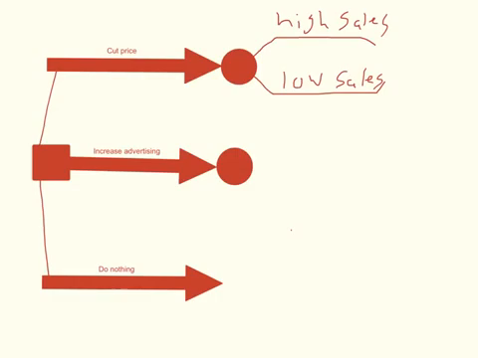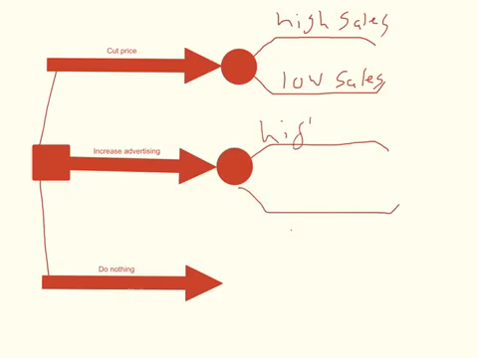We also need to add the outcomes for this option, so increase advertising. So if the business decides to increase advertising costs, there'll also be likely outcomes. These outcomes could be, again, a result of an increase in sales.